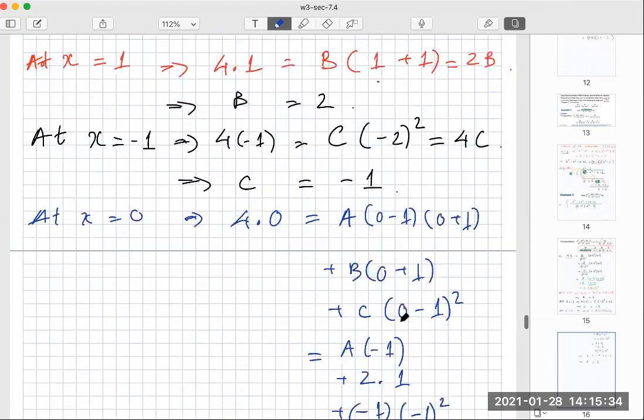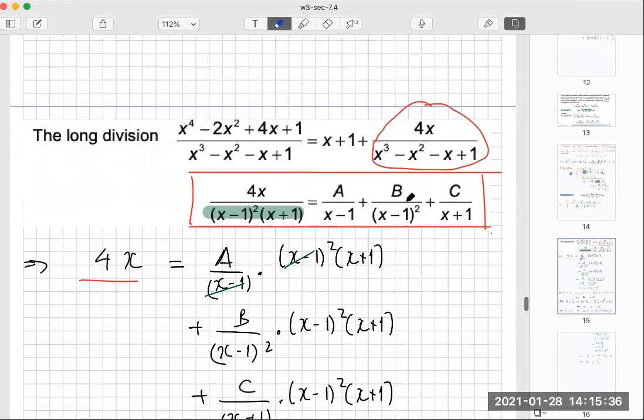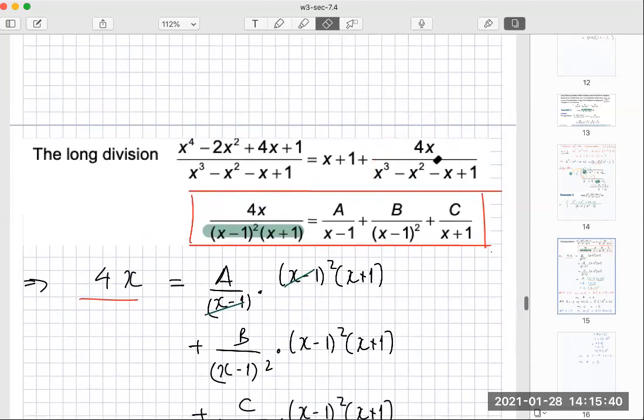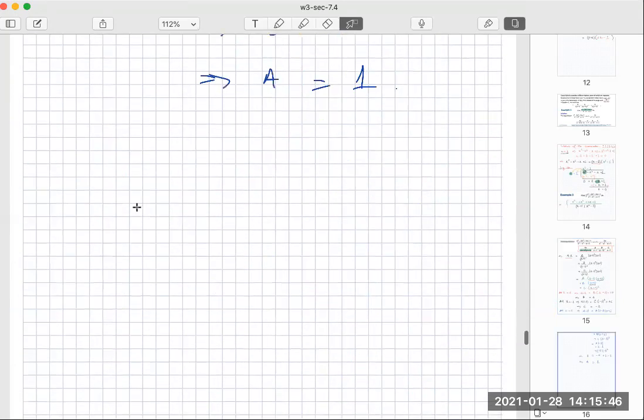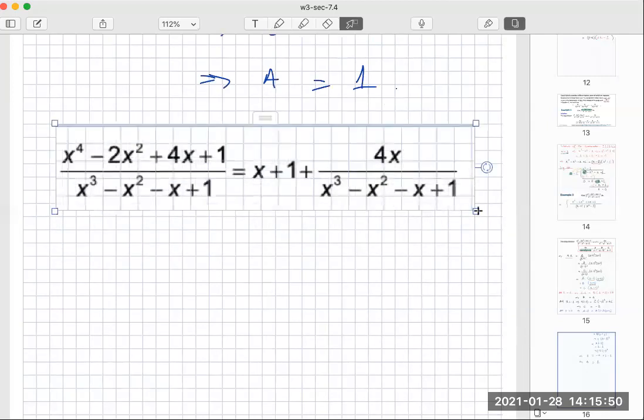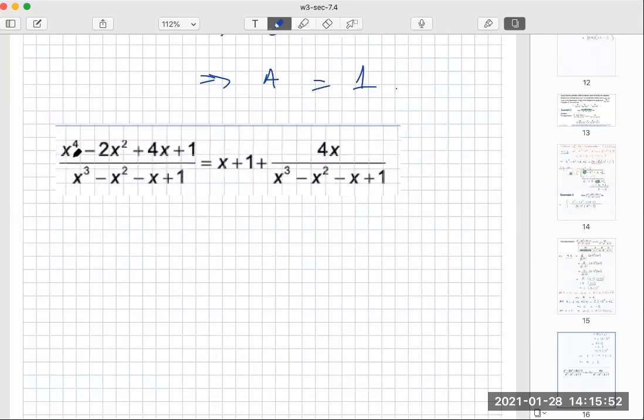Therefore, this implies that, okay, we can write the integral of this guy.